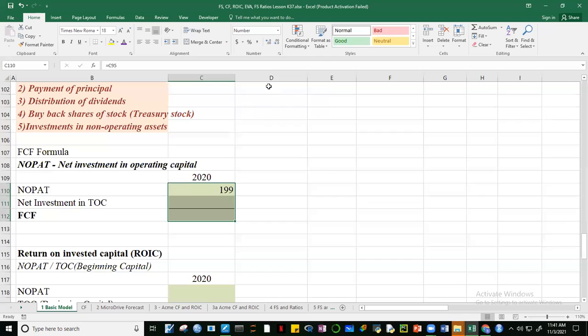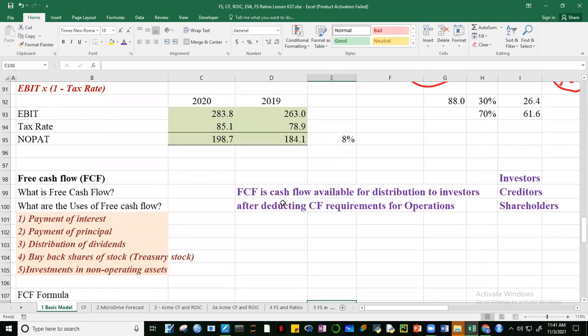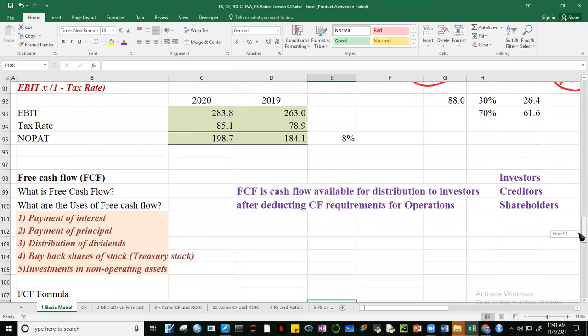Okay, and then how much was invested for operating capital? Because by definition, we said that free cash flow is the leftover amount that's available for distribution to investors after we deduct cash flow requirements for operations.